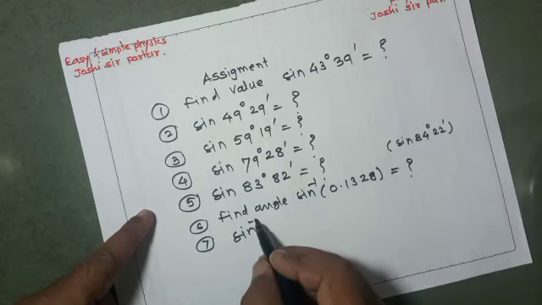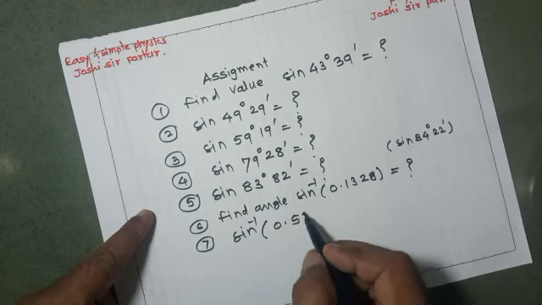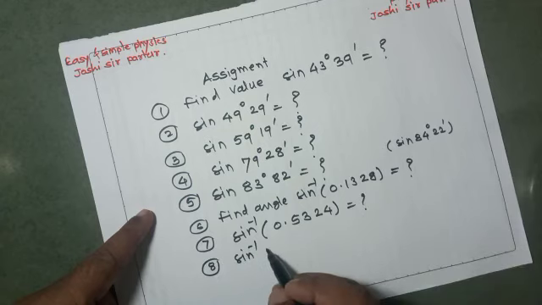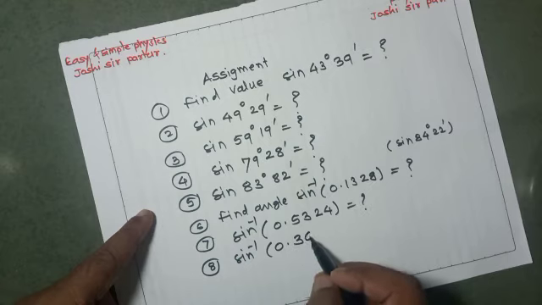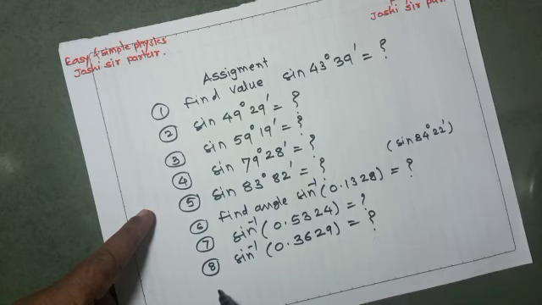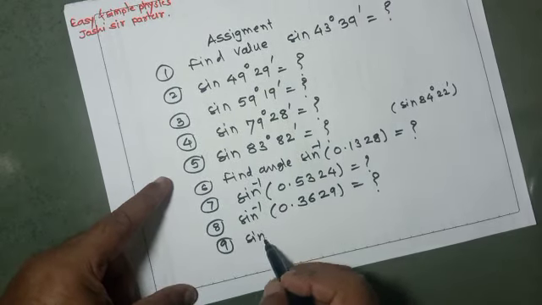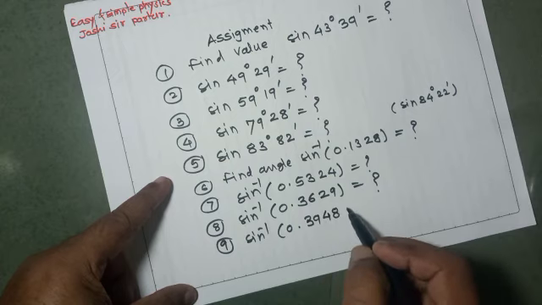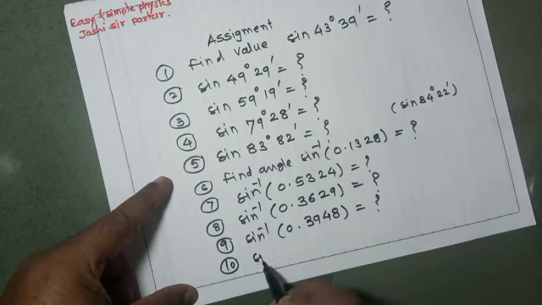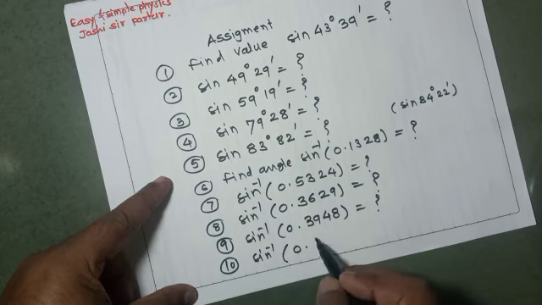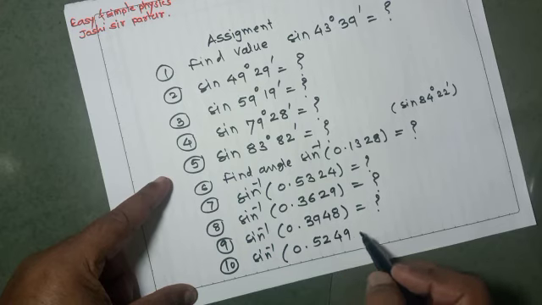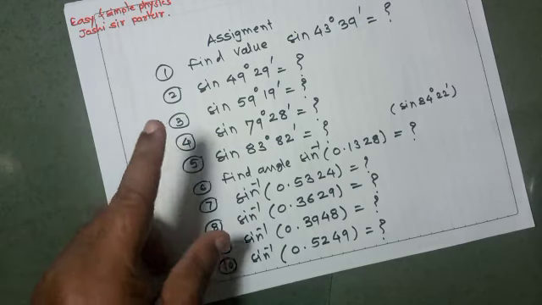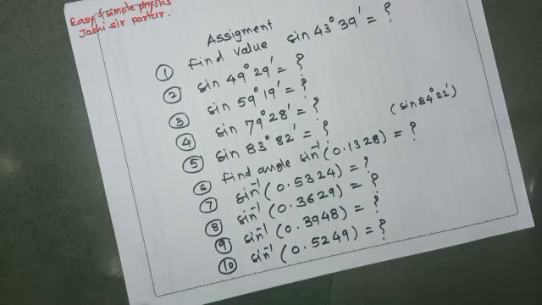Number 7, sine inverse 0.5324. 8, sine inverse 0.3629. 9th, sine inverse 0.3948, and lastly sine inverse 0.5249. So 5 questions are for finding the value for degree and minute of sine, and 5 questions are to find the angle.